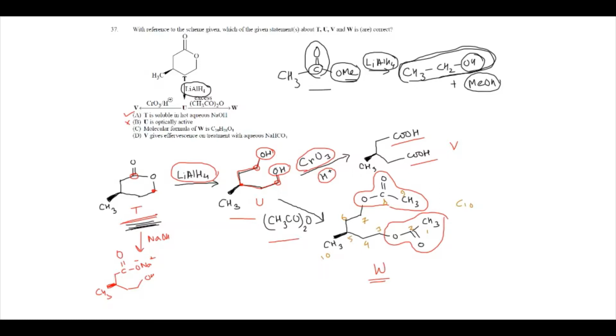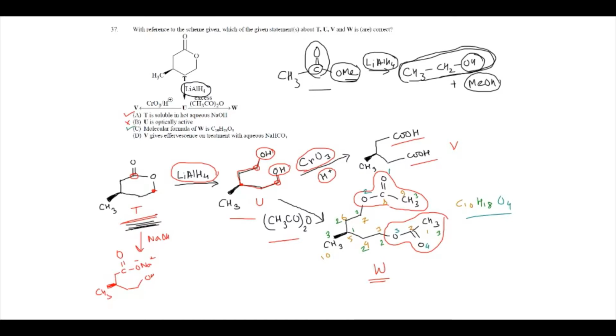Here we have 3 H's, 3 and here 2, 5, 6, 7, here 1, 8, 9, 10, 11, 12, 13, 14, 15, 16, 17, 18. So H18 matching. Oxygen, how many oxygen do we have? We have 1, 2, 3, 4. So total 4 oxygen. So O4. This is also matching. So option C is also correct.